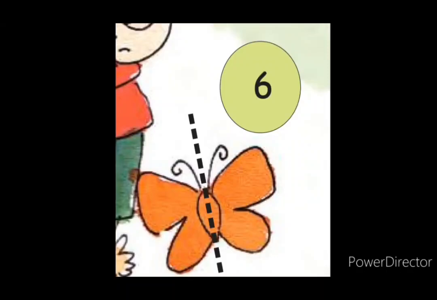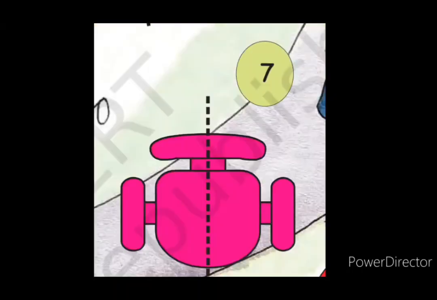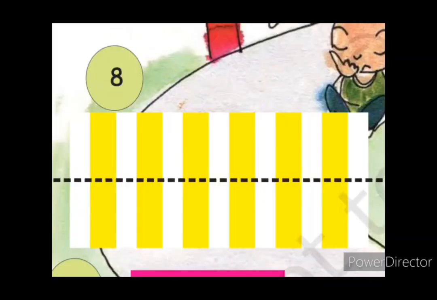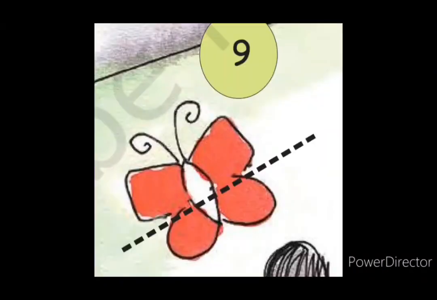In the sixth figure, the both sides, if you are visible, then you can see is it a line of symmetry or not. Yes, it is a line of symmetry. In the seventh figure, again it is a line of symmetry. In eighth figure, the top one and the bottom one both are same, so it's a line of symmetry.